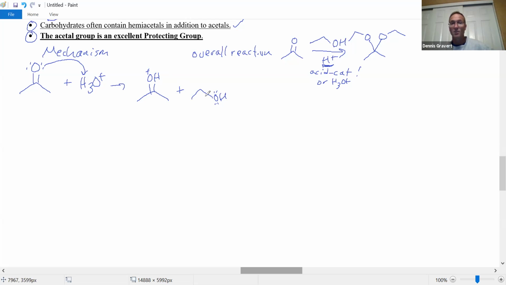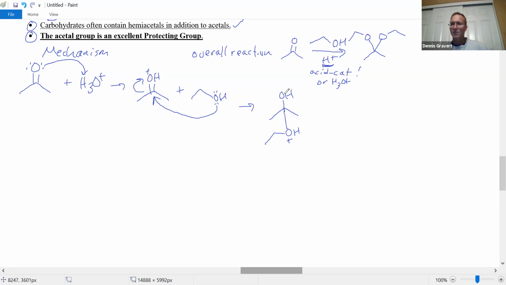In hydration, a water molecule bumps up the pi bond. In acetal formation, it's an alcohol that bumps up the pi bond. And oxygen, keep your carbons, but also keep that hydrogen in this step of the mechanism. Hey, this kind of resembles the imine reaction now.